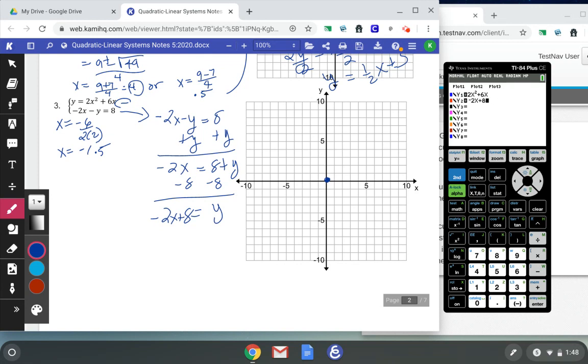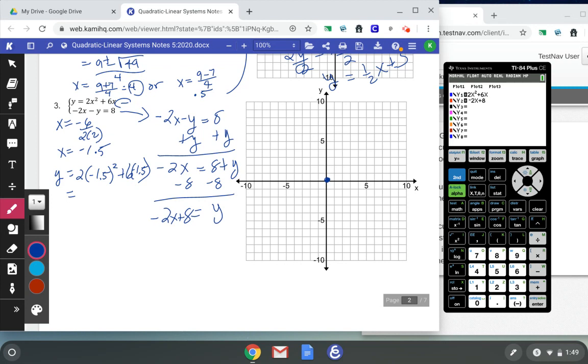All right. So to find that vertex, if x is negative 1.5, I can substitute that in to find my y. 2 times negative 1.5 squared plus 6 times negative 1.5. And what do we get for that?